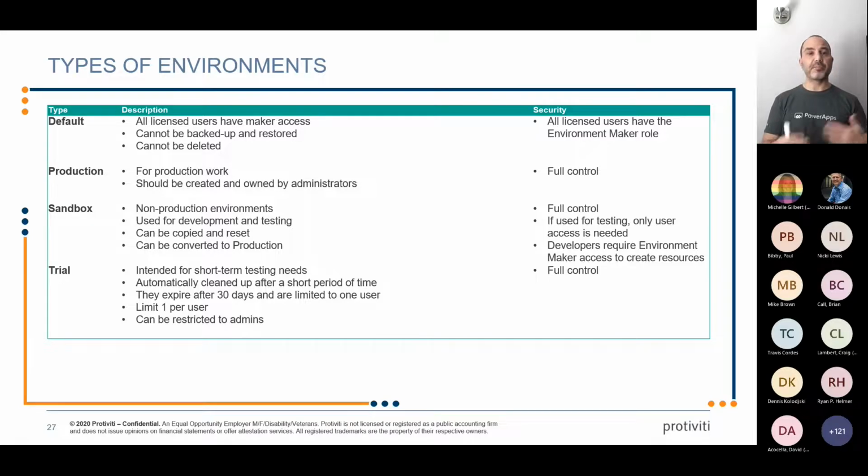That's what often happens: you start building in sandbox. Everything is verified. Everything is good. Flip the switch, you're now in production. Next time you want to build something, you spin up another sandbox environment. And again, you have full control over who has access. The trial environments are for 30 days. You can spin one up, use it for your POCs, for your trials, for demos. Once it's gone, it's gone.